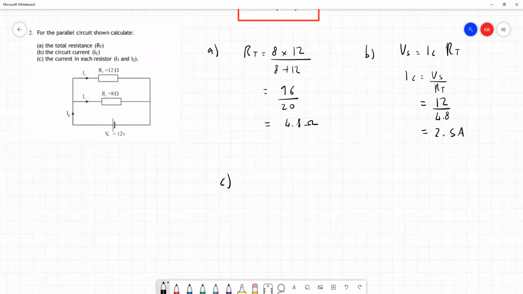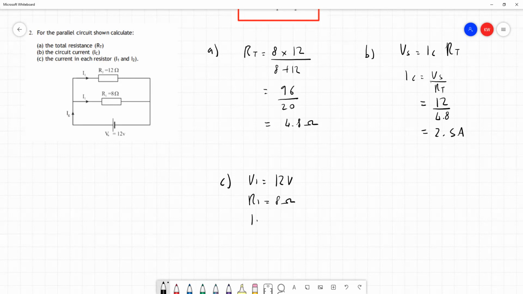So let's think about resistor 1 first of all. Now we know, because of the rules for parallel circuits, the voltage across each of these resistors is the same as the supply. So voltage 1 is equal to 12 volts. That's also what voltage 2 is. And our resistance is given here as 8 ohms.